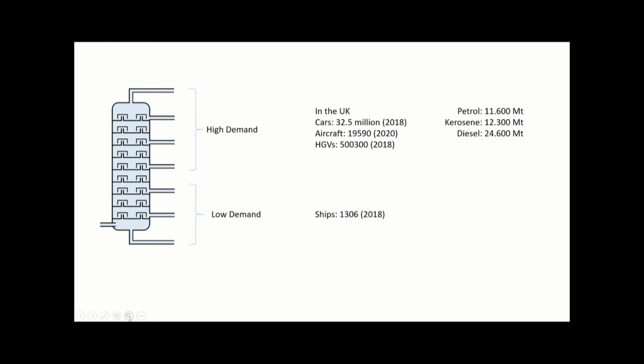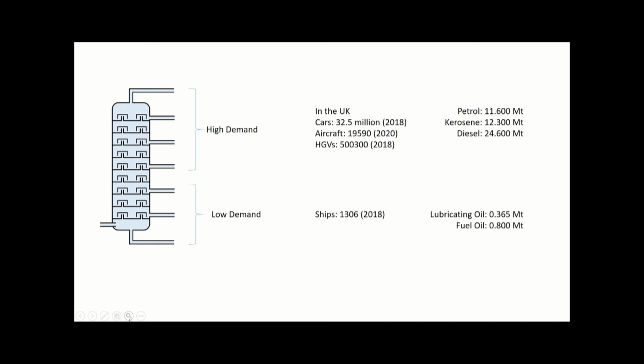Down at the bottom, we use apparently 0.36 million tons of lubricating oil for all of this machinery. This is the lubrication. This is to stop things getting too hot with friction. This is the oil that you put in the car, for example, and on your bike chains, etc. That's all included in this. And that's a tiny amount compared to the petrol, kerosene, and diesel, isn't it?